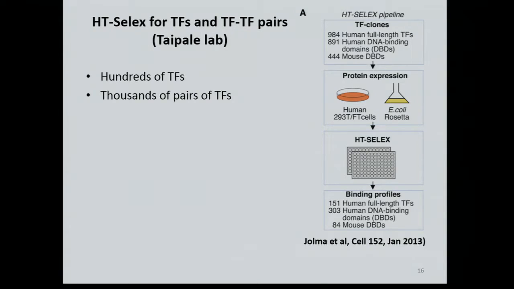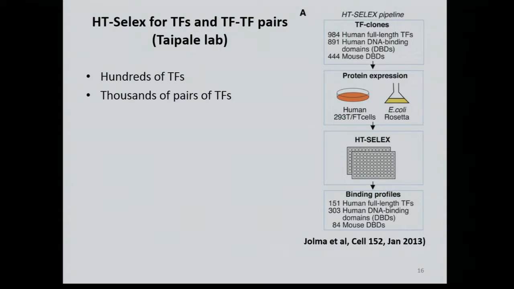The total picture is a bit uncertain for me. But what is also important is that they produce not only data for individual factors, but for pairs of factors, which is essential if you want to really optimize this chain of motifs along the DNA.